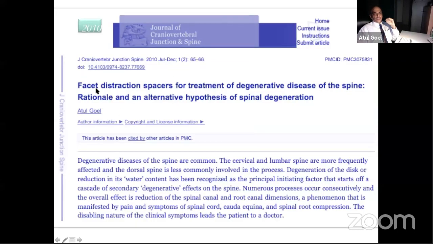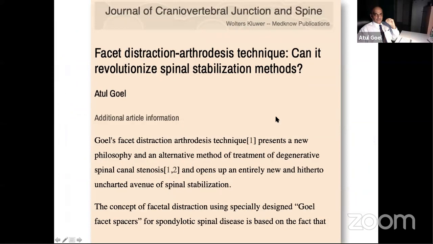And we introduced these facet distraction spacers, which I called Goel facet spacers. In the year 2010, this article was published. I want to elaborate a little on this in my present lecture, and further in my subsequent lectures. So facetal distraction spacers are the treatment of degenerative spine, a new hypothesis of treatment of spinal degeneration.